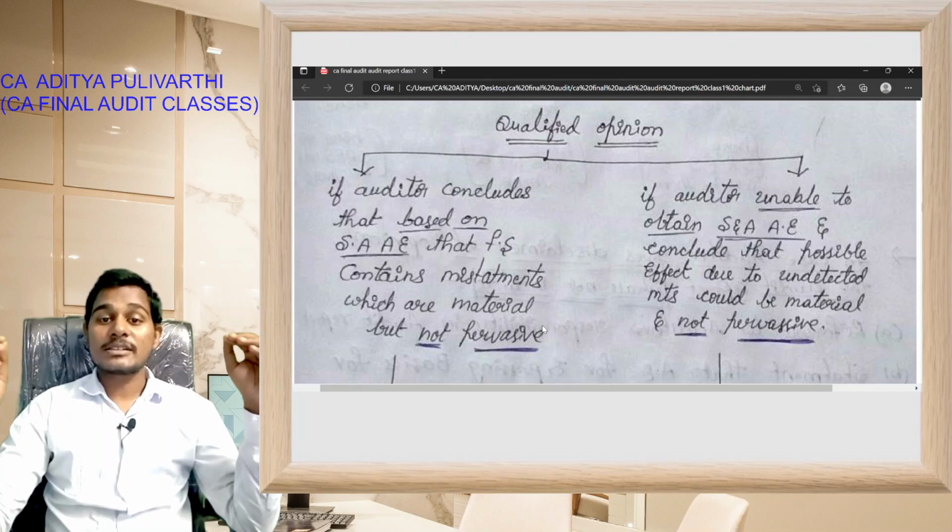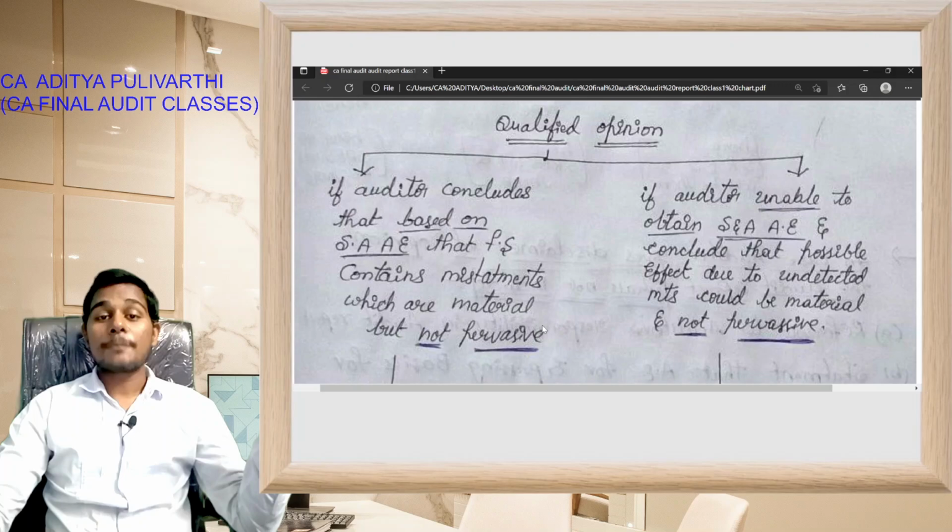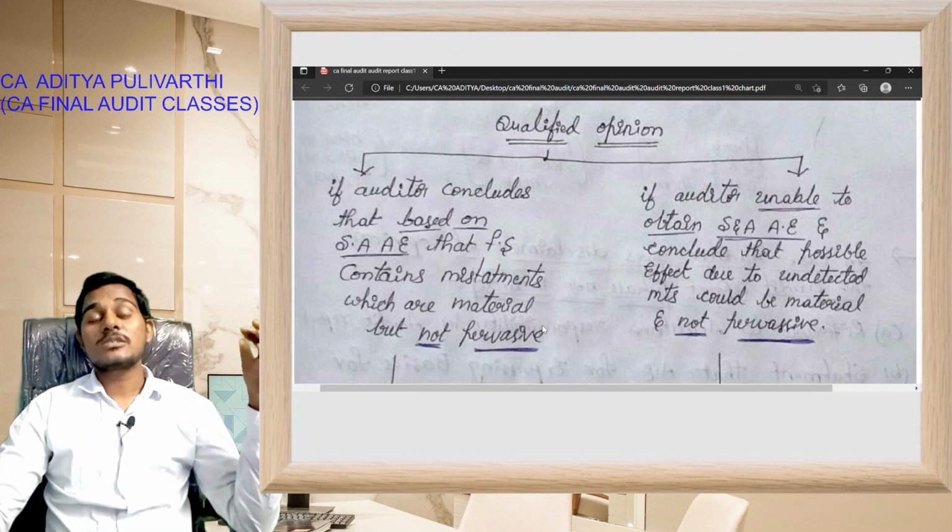And the other situation is, if the auditor is unable to obtain sufficient and appropriate audit evidence to conclude that there are misstatements, then the auditor will describe them as undetected misstatements.